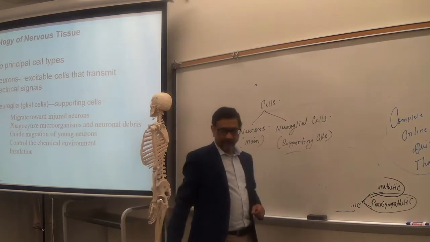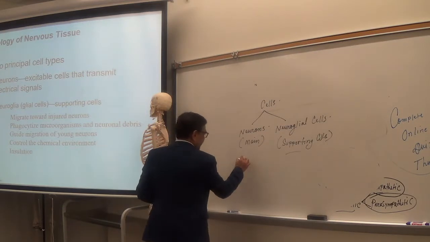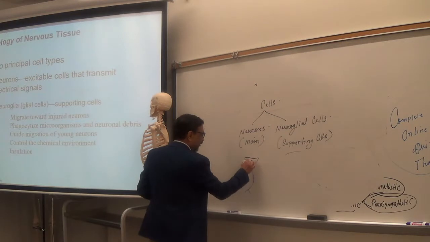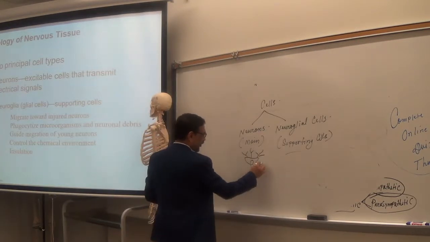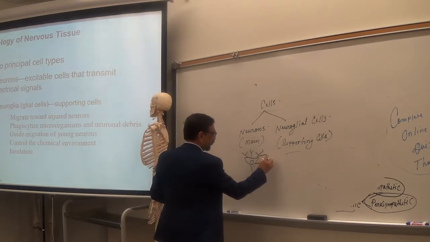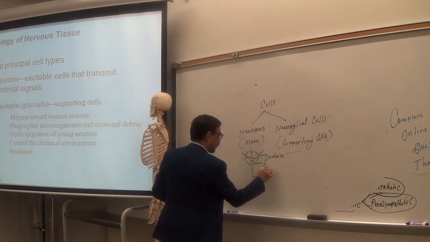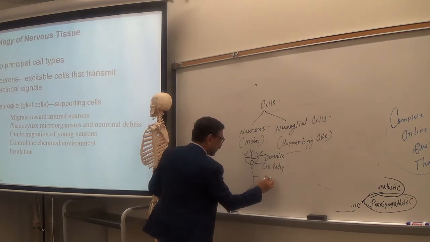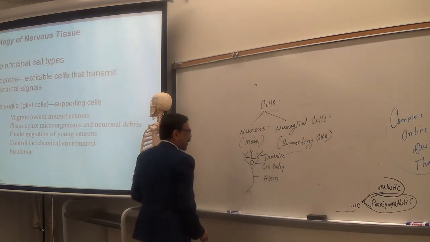If you see a neuron, a neuron looks like this. You all know already. It has dendrites, a cell body, and an axon.